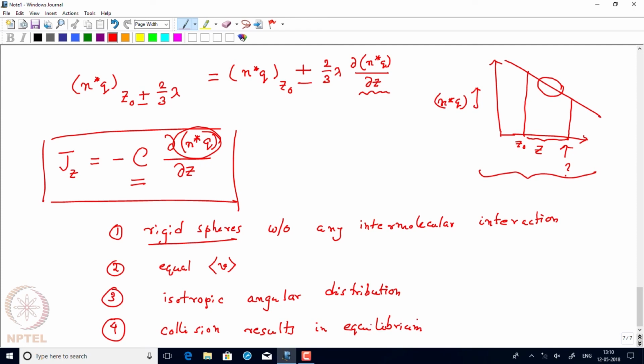But we are assuming that the collisions are happening in such a large number that those collisions are actually setting the system again in equilibrium.